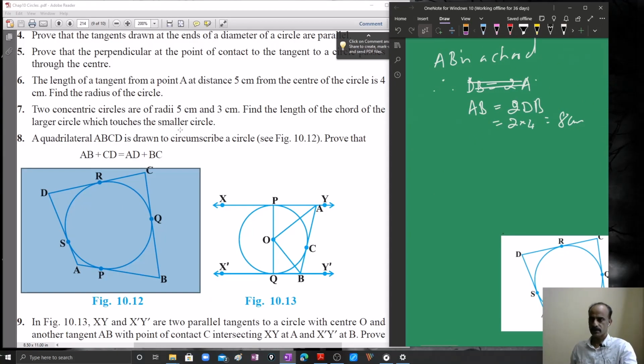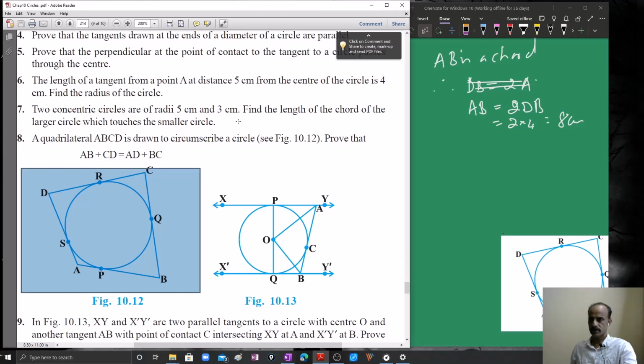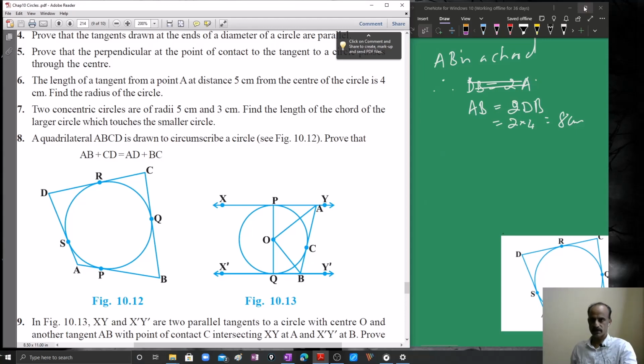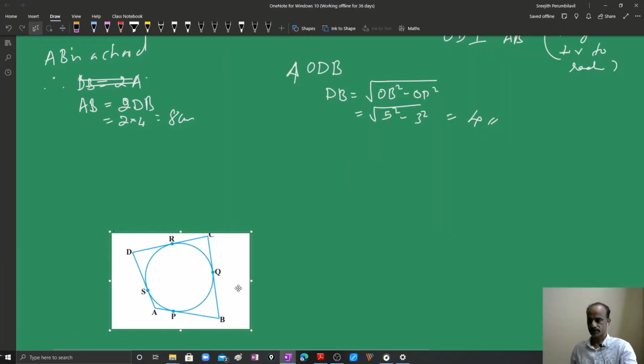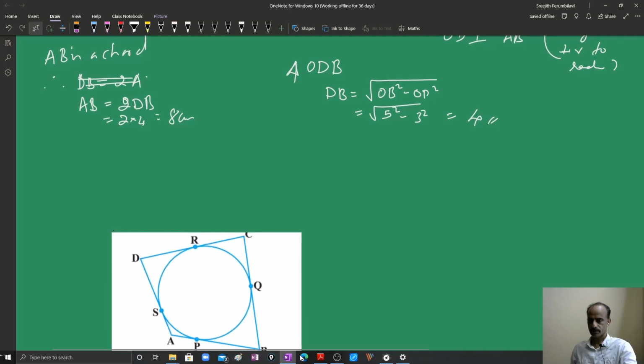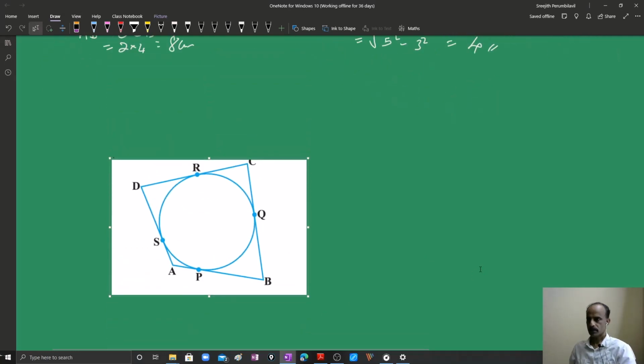We're talking about question number 8. We have to prove that AB plus CD is equal to AD plus BC. That is, a quadrilateral is drawn to circumscribe a circle, ABCD.